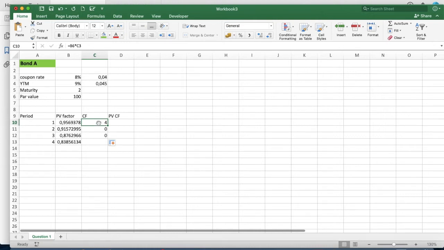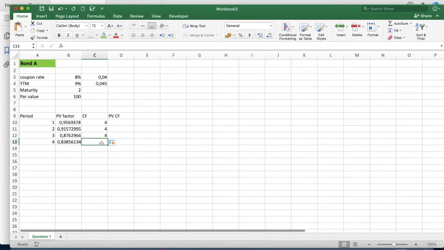So every time we are dealing with fixed numbers or with constants, we have to put the dollar sign. Once we scroll down, we should have now $4 as coupon payment.